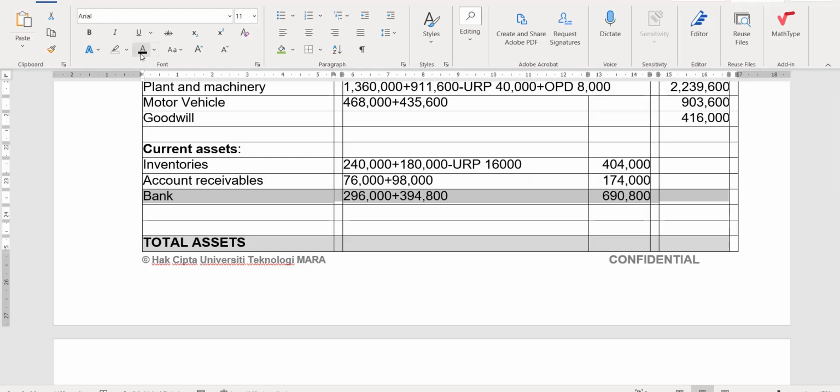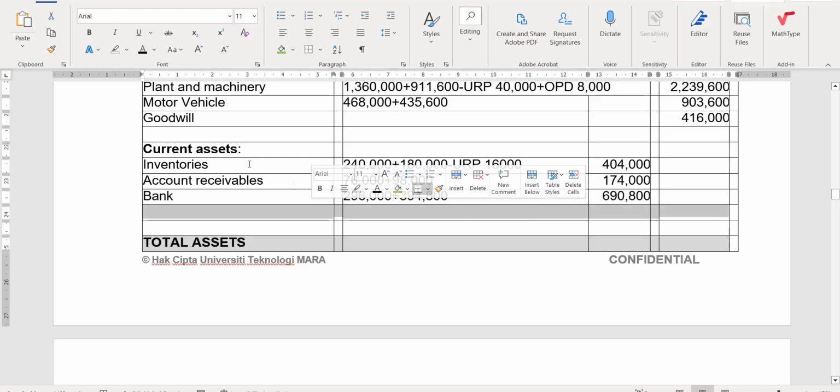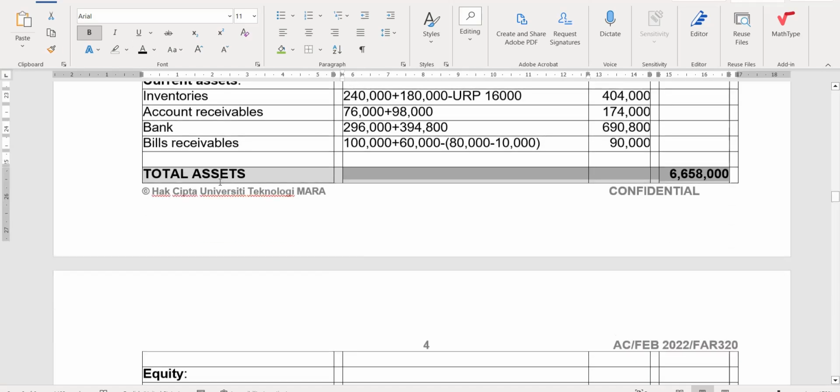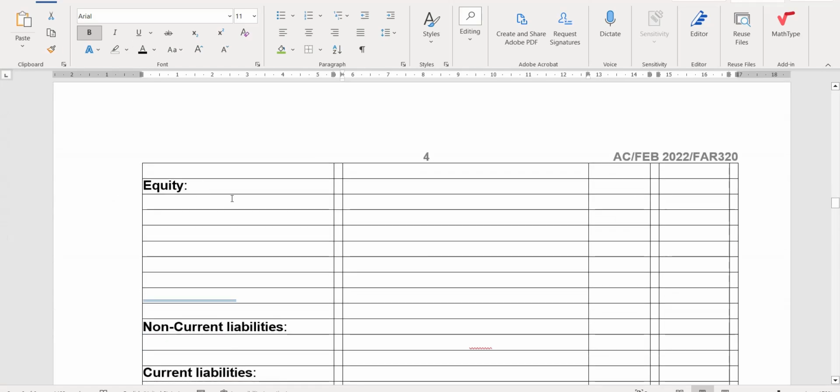You may come across that in other questions. Bank, there is no adjustment for cash in transit whatsoever. Same goes for inventory, no goods in transit. Bill receivable, what you adjust here is the undiscounted bills of 70,000. The total assets section would be 6658.